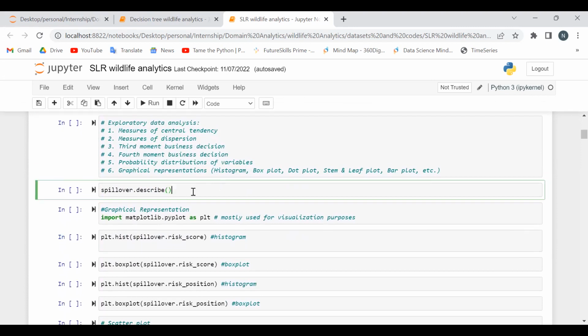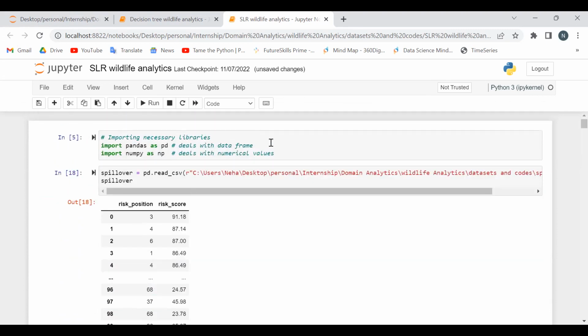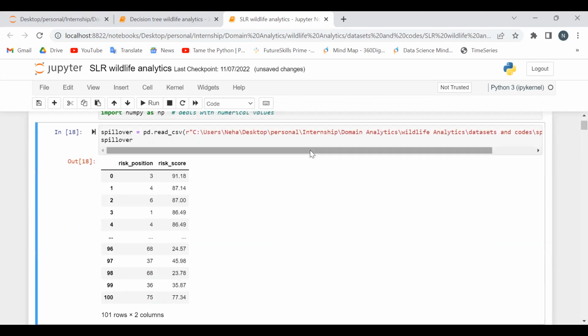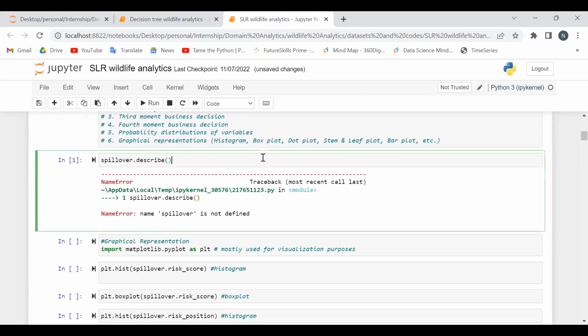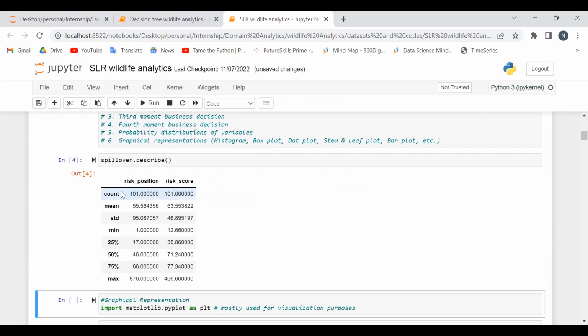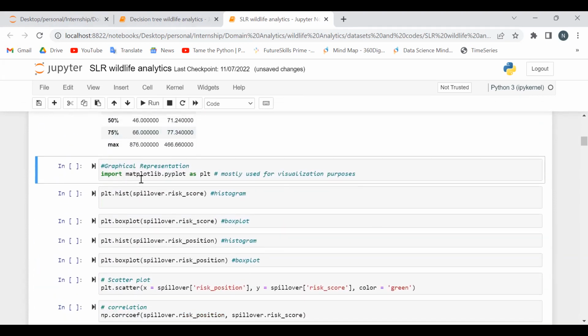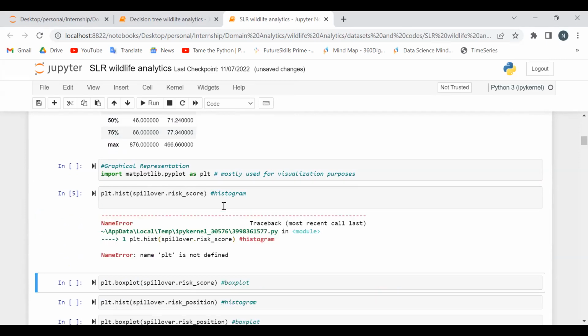So first, we describe the data. We get the count, mean, standard deviation, minimum, maximum. And then we visualize the data.